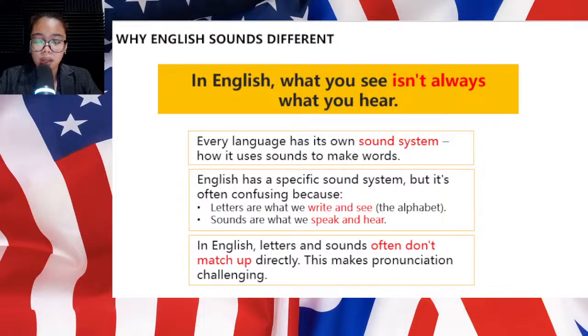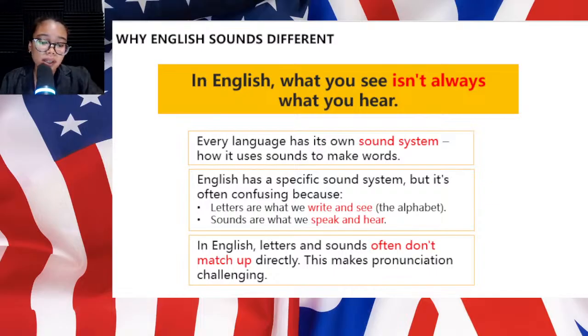Okay? So every language has its own sound system, how it uses the sounds to make words. So again, English has a specific sound system, but it's often confusing because letters are what we write and see, which is the alphabet. Sounds are what we speak and hear. In English, letters and sounds often don't match up directly because, again, there are 26 letters but 44 sounds.